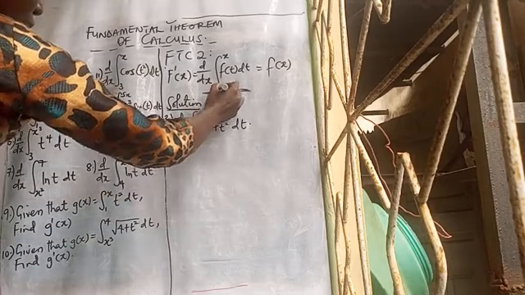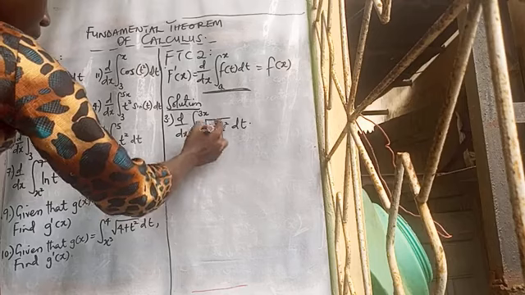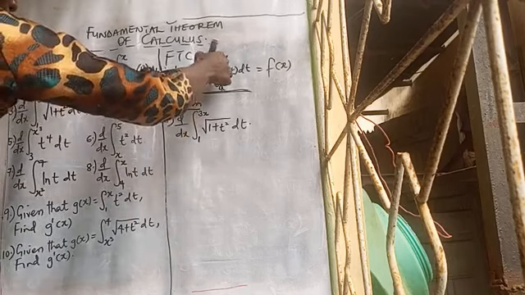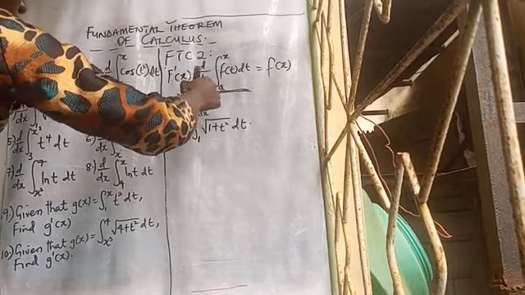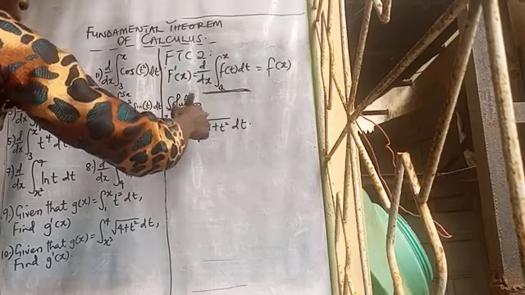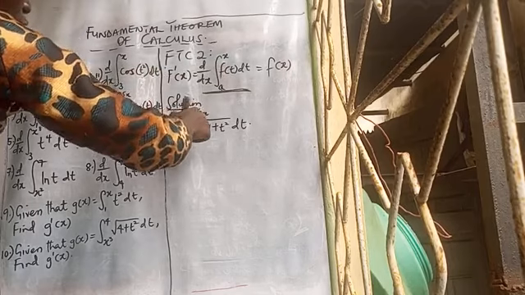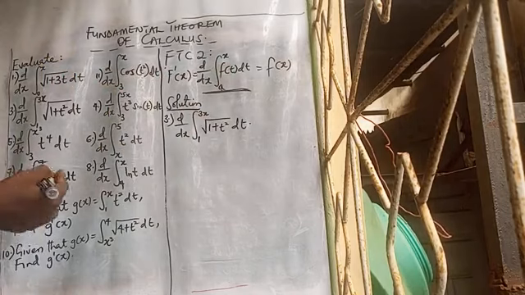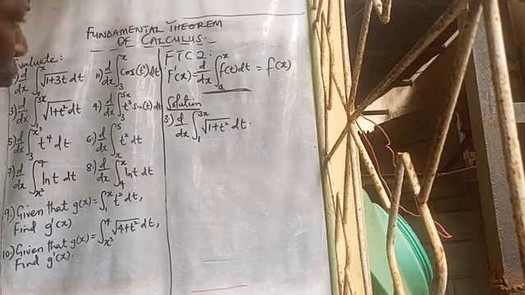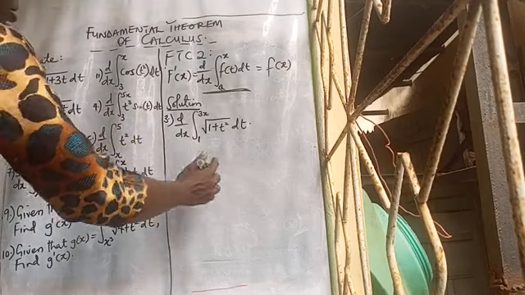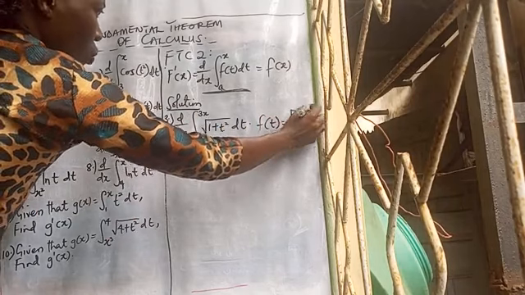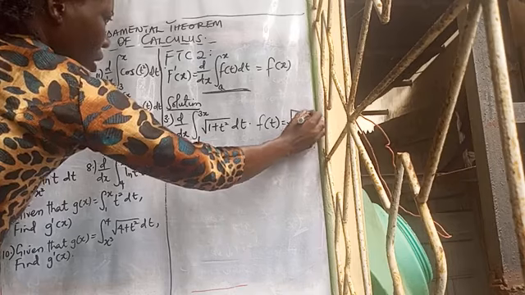Again, I can see that my a is equal to 1, so my a is a constant, but my x is not just a variable, but rather is a function. So this will require me to do something like the chain rule. But before we get into that, I know that my f of t is the square root of 1 plus t squared.